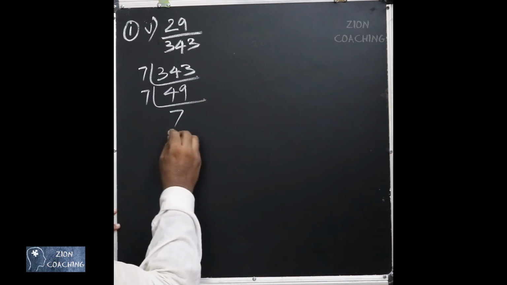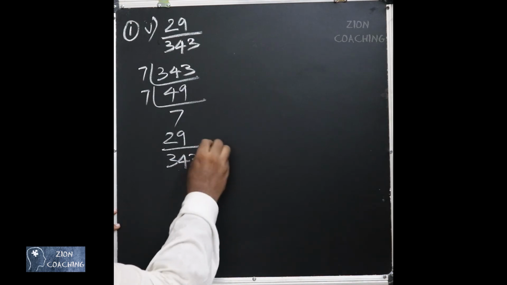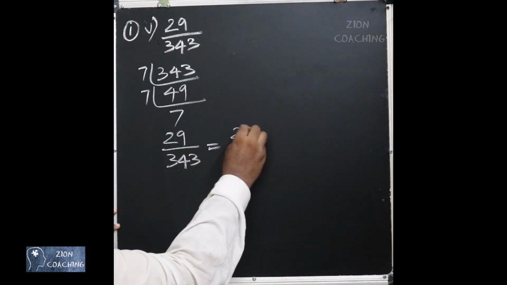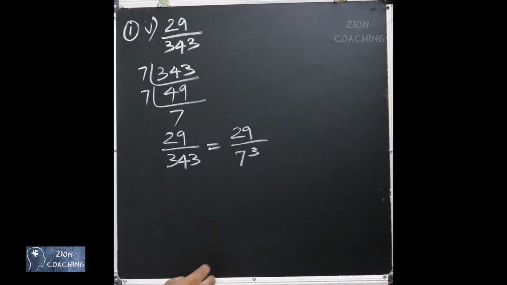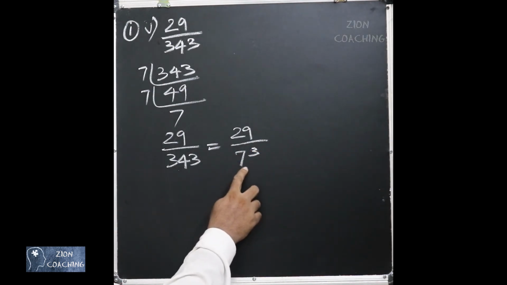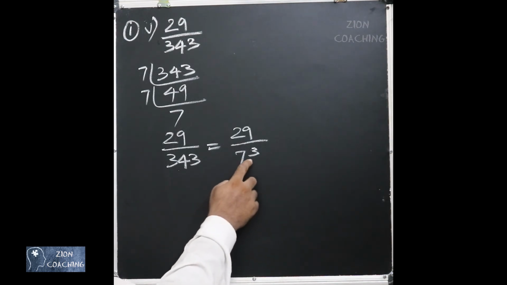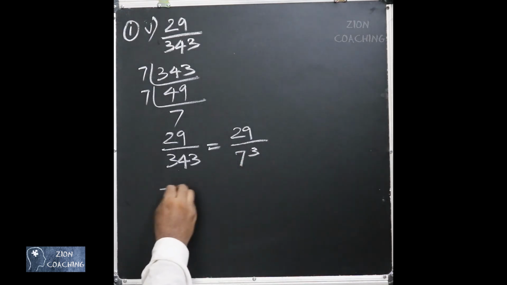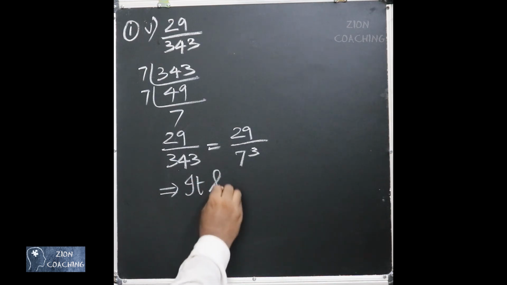Now the given number 29 by 343 can be written as 29 by 7 cube. For a number to terminate, you should have only 2 and 5 in the prime factorization of the denominator. But you can see that there is some other number, that is 7 here. So it has repeating decimal expansion.